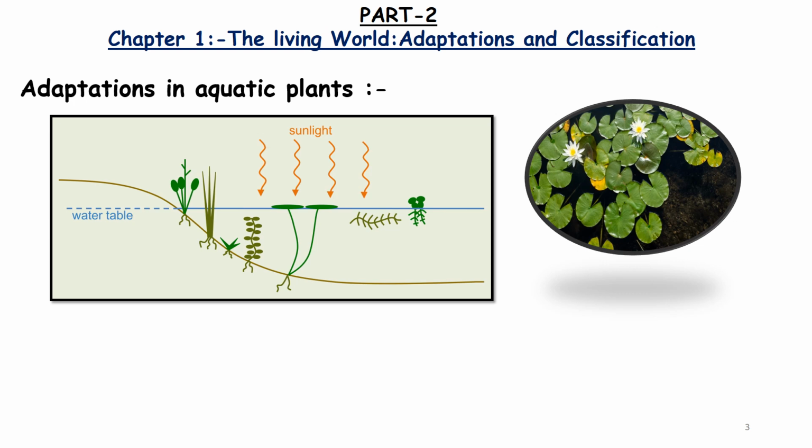However, some plants are entirely float, as you can see in the first picture. Their roots are not anchored in the soil. Their roots are also not fixed in the soil at the bottom also. Okay. The surfaces of leaves and stems of many aquatic plants are covered with a waxy layer.